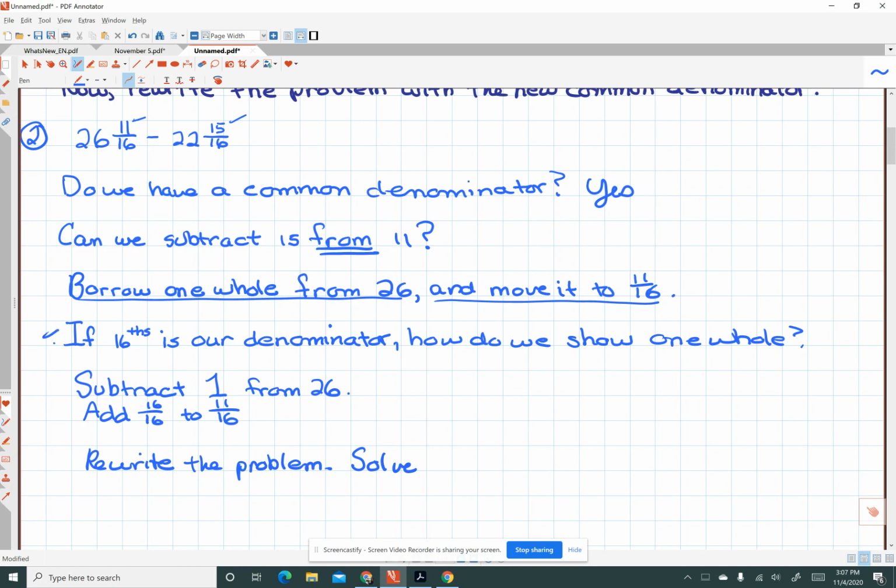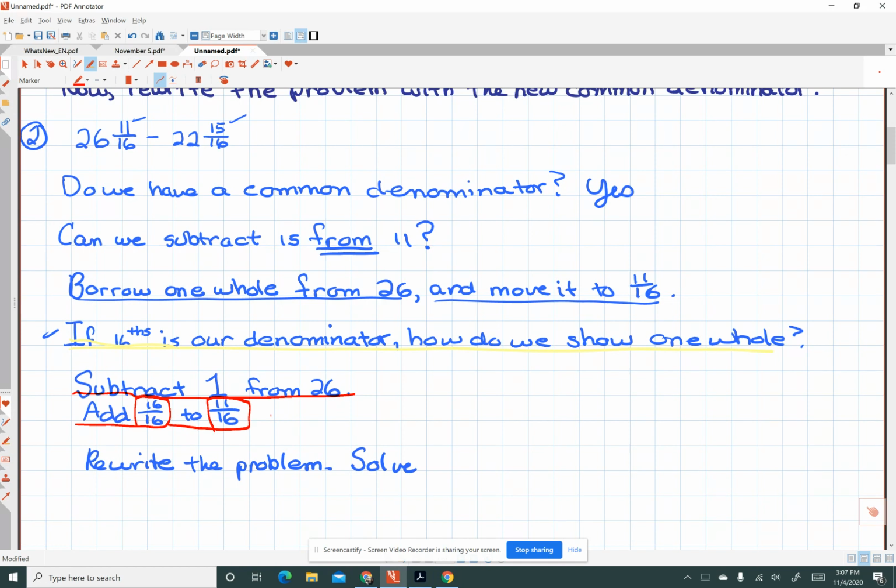Now, if 16ths is our denominator, how do we show 1 whole? Well, first we're going to subtract 1 from 26. Then we're going to add 1 whole, but in the form of 16/16, to 11/16, and then rewrite the problem and solve.